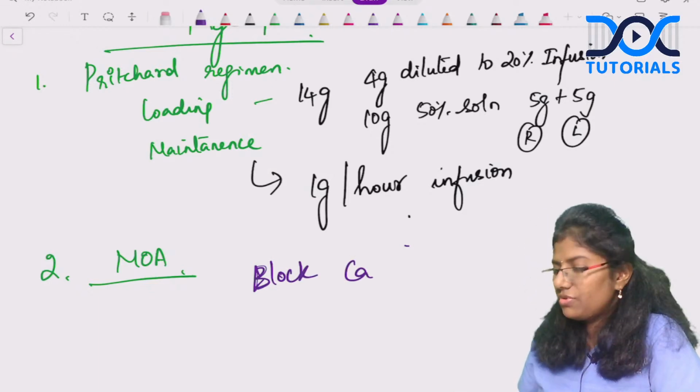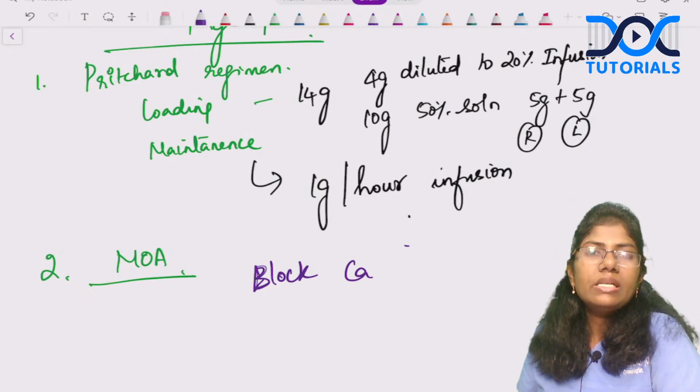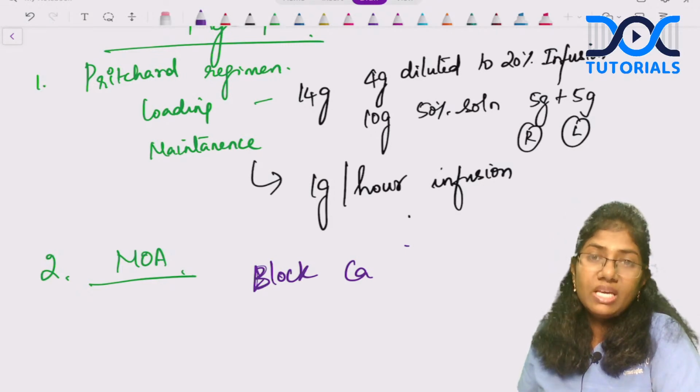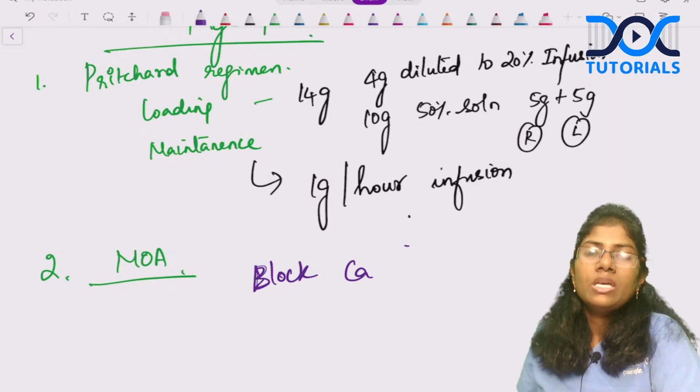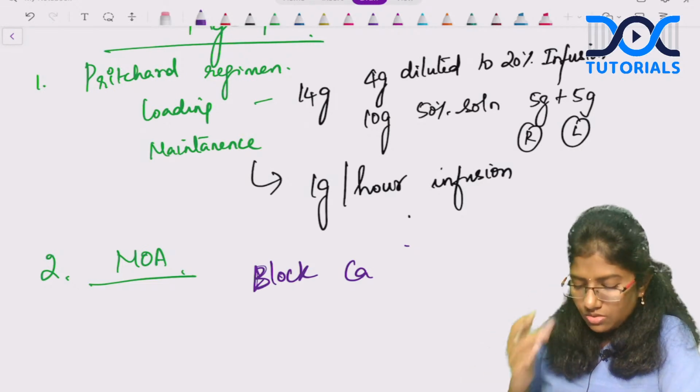Listen, whether you're a girl or a boy, vitamin A is in fact teratogenic. You should not supplement pregnant women with vitamin A. High doses of vitamin A are teratogenic.